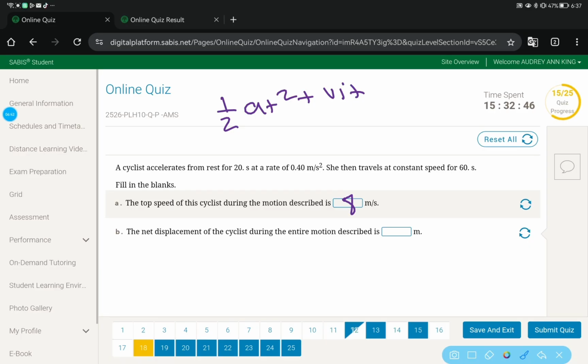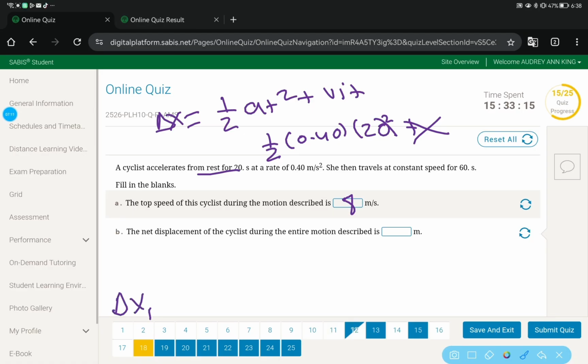After replacing everything, you get half of 0.40 times 20 squared plus... Okay, so we know the initial velocity is 0, so we can just cross everything after that out. So you get 80 meters, and that's for the first part of the displacement, because we're trying to find the net displacement.